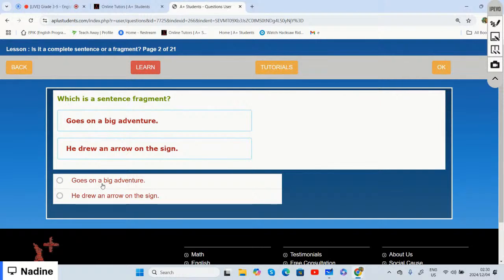And if we were to choose the option that is a fragment, it is not a completed thought. It's either missing a subject or it is missing a verb.